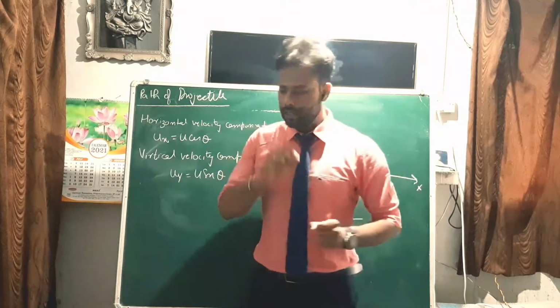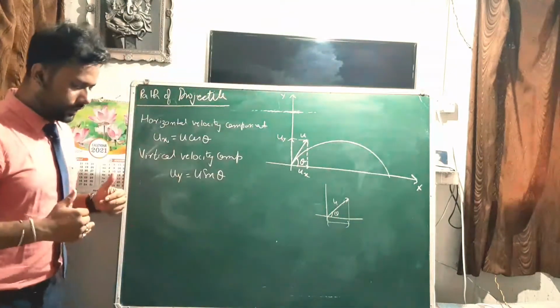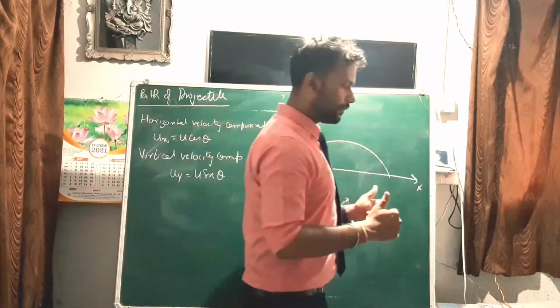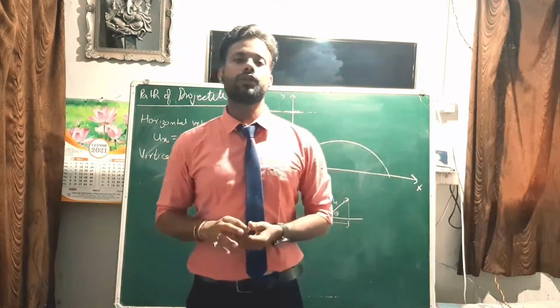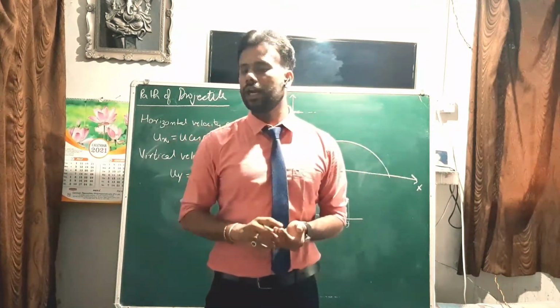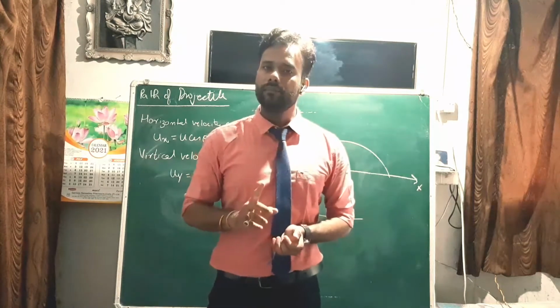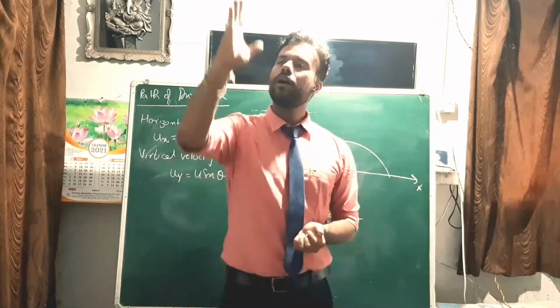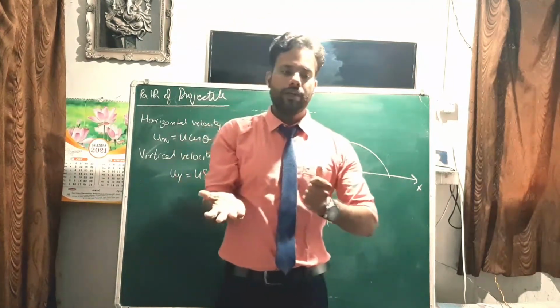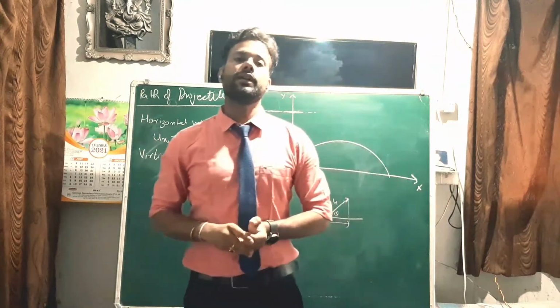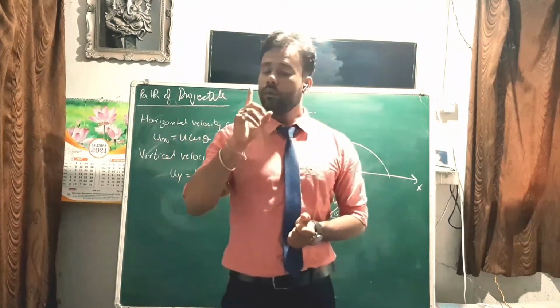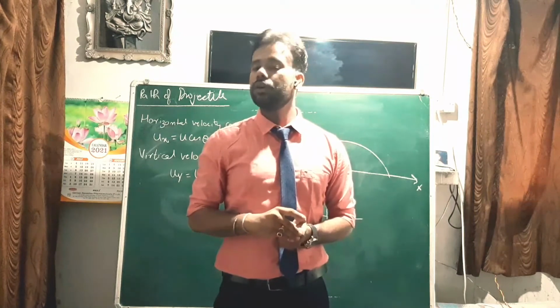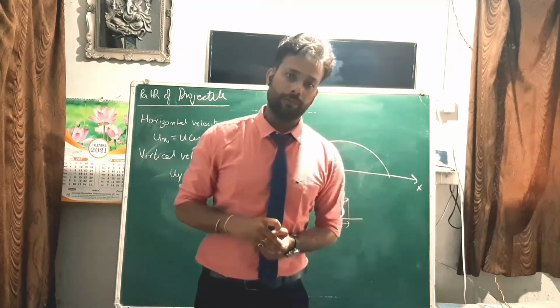In simple words, suppose I am covering this x distance, so I will take the velocity component of the x direction. I will not consider the y component. If I am going upwards, that means I am covering distance in the y direction, so I will take the vertical component of velocity, not the horizontal.